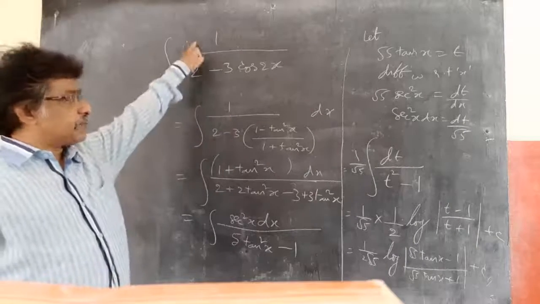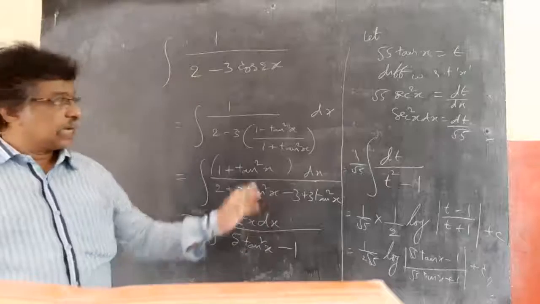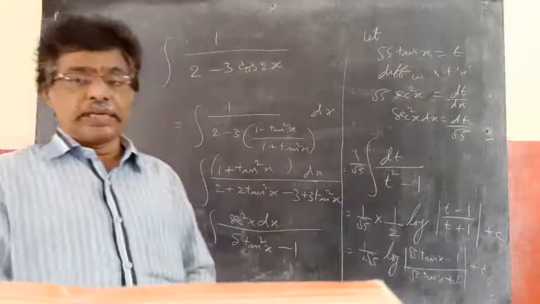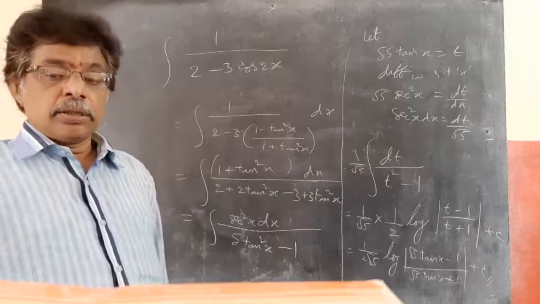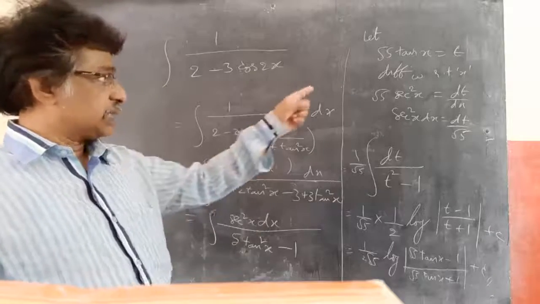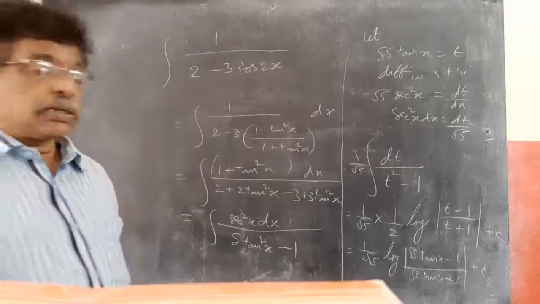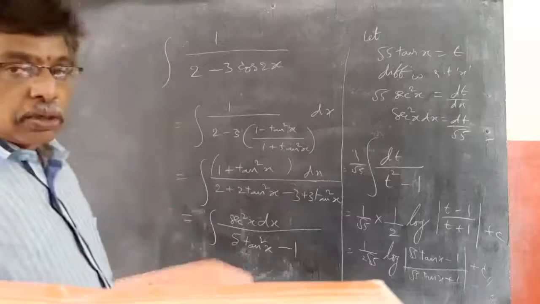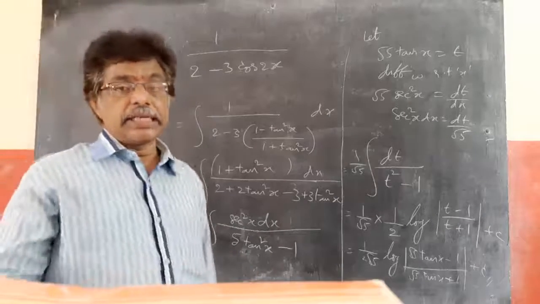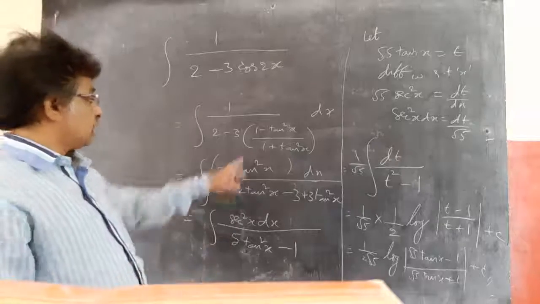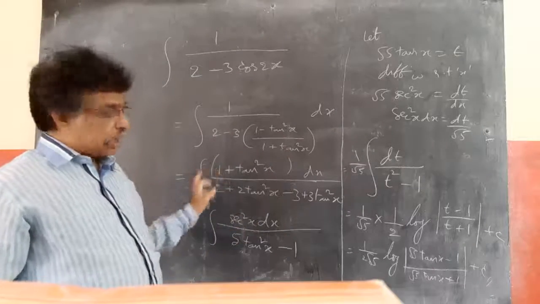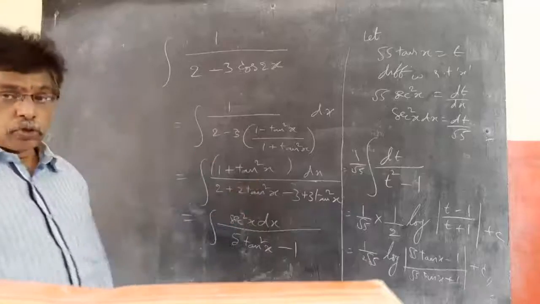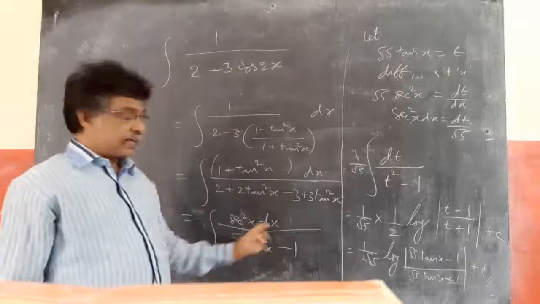If numerator is 1, denominator is in sin and cos, convert into tan always. Take sin 2 theta, cos 2 theta in terms of tan. 1 minus tan square by 1 plus tan square, cos 2 theta formula. Like sin 2 theta is 2 tan theta by 1 plus tan square theta. So using that we converted, and 1 minus tan square by 1 plus tan square, I took LCM. Taking LCM and 1 plus tan square to numerator, 1 plus tan square is secant square x dx.